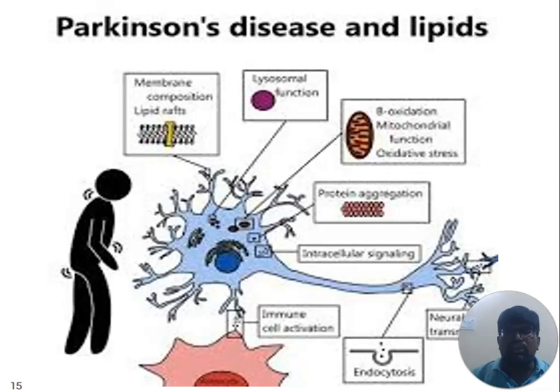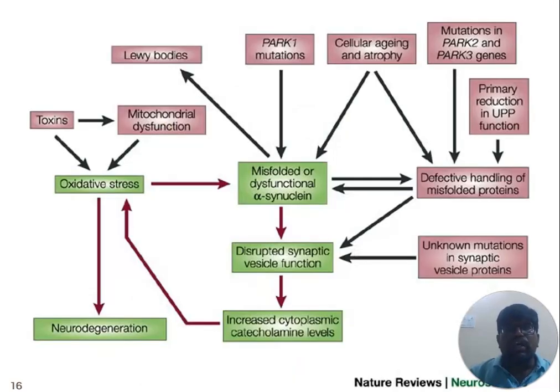They will act on the neuron, and some may cause neuron damage through the oxidative stress process, some may damage it through abnormal gene mutation, and some other may cause it due to the endocytosis process. And this is the key pathophysiological process for Parkinson's disease.